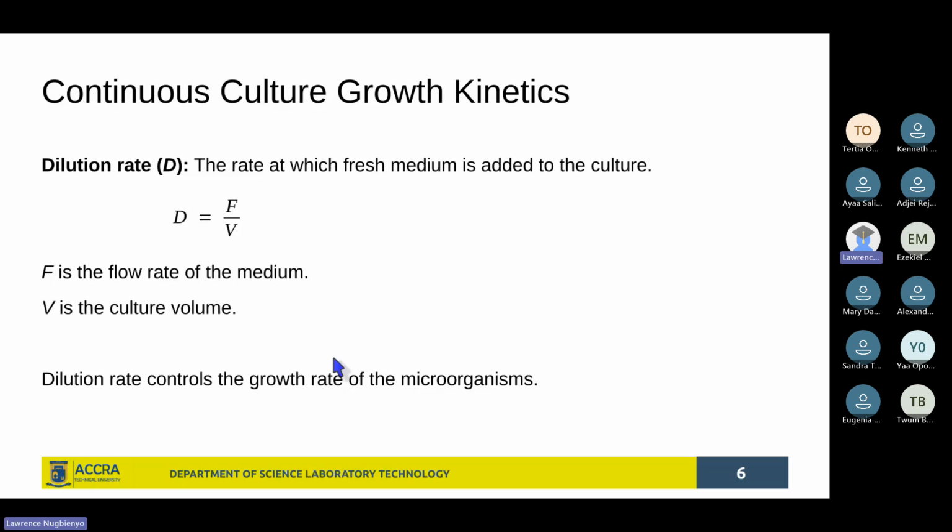That is actually fast if you're looking at production over hours. That is a very fast flow rate. And you have that flow rate of the medium, the ratio of it to the volume of the culture.